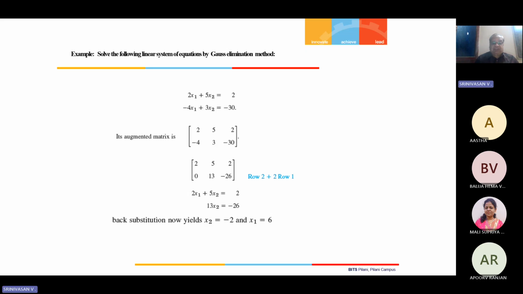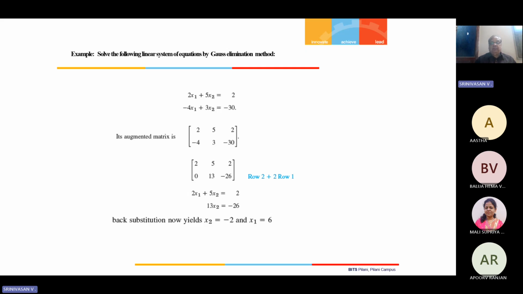Right. Next you write, then you are having this equation. And next you are having this equation. After this only, this equation, that is you are going here 2x1 plus 5x2 equal to 2. So in which you substitute for x2 equal to minus 2.